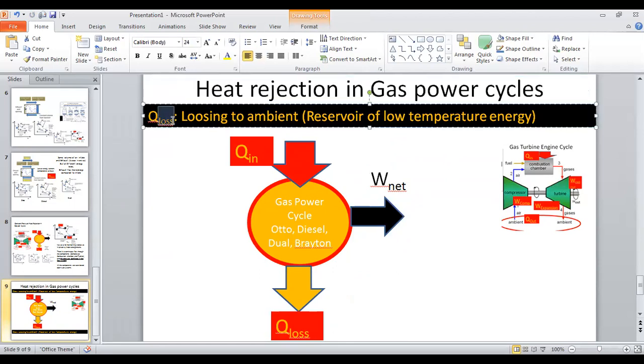So this Q in can be considered something like receiving energy at high temperature. It is something like reservoir of high temperature energy.